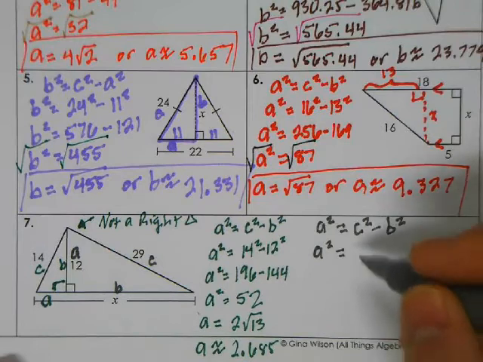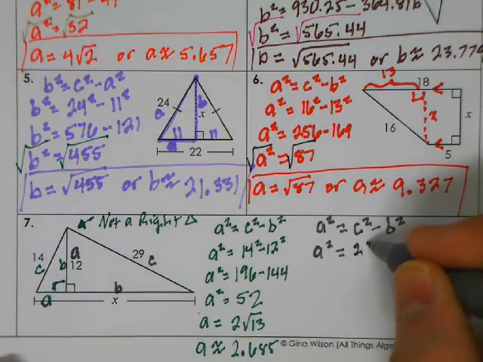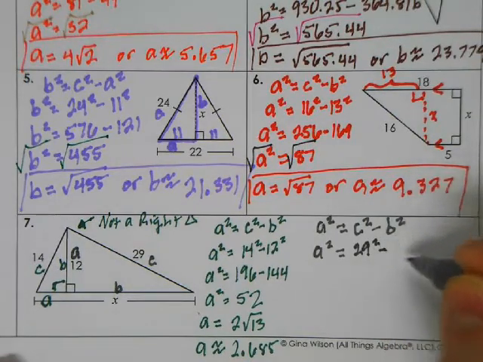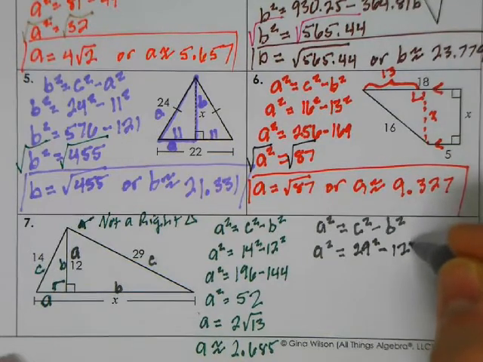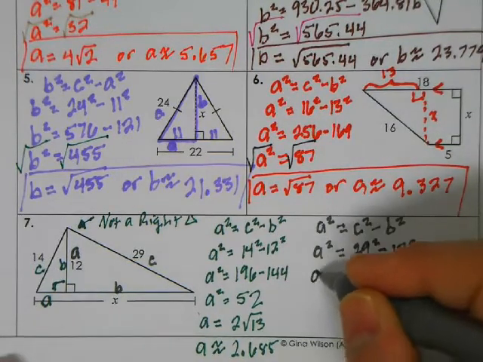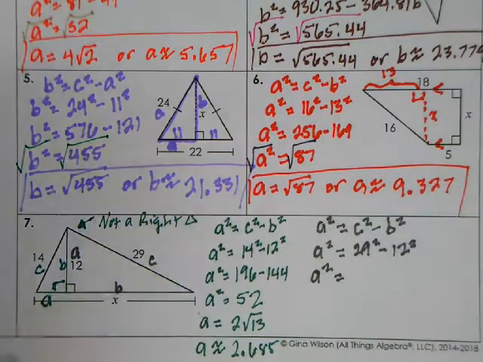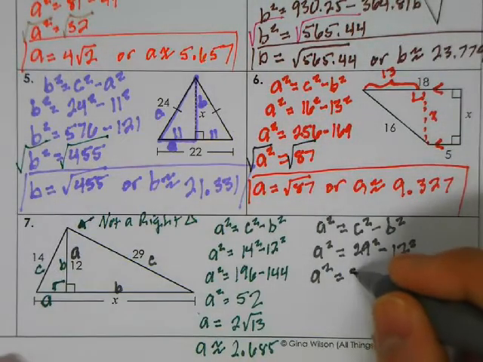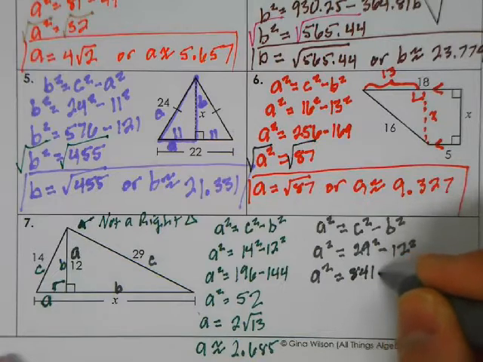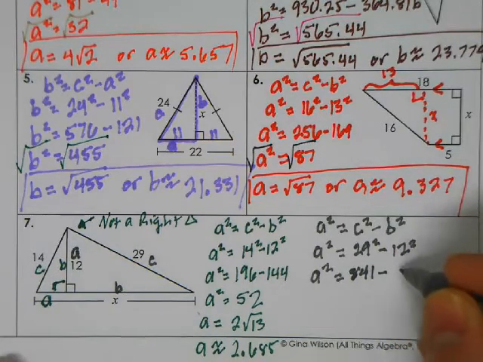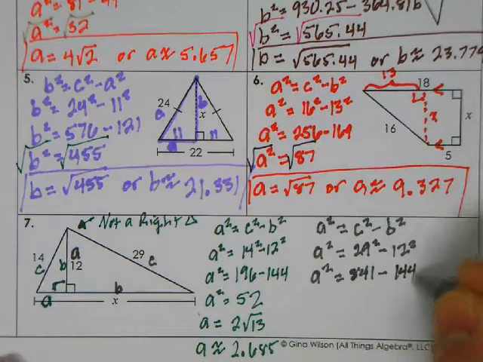In this case, 29 squared minus 12 squared. 29 squared gives me 841, and 12 squared again is 144.